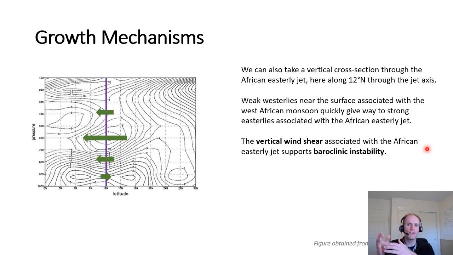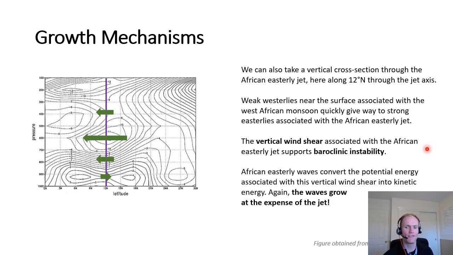So the African easterly jet is strongest between African easterly waves, and it's weakest right where you have the African easterly waves located. The waves grow at the expense of the jet. And that's a key point that I want to make here. The waves grow at the expense of the jet, whether that be due to baroclinic or barotropic instability.